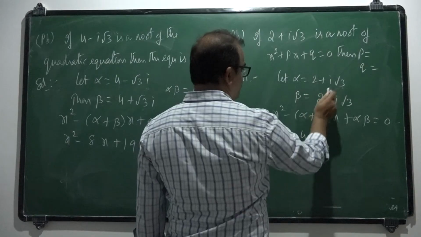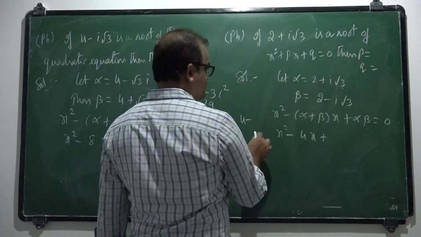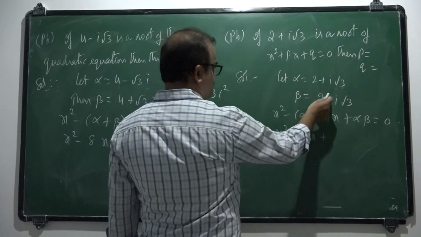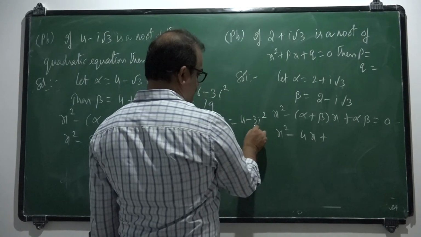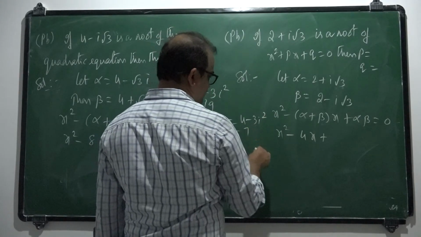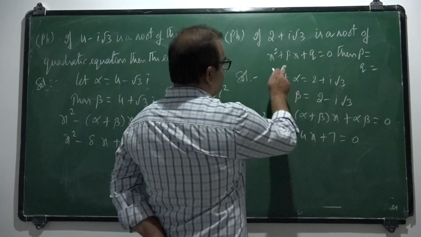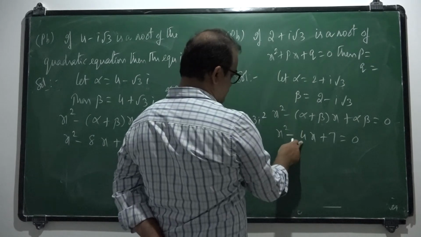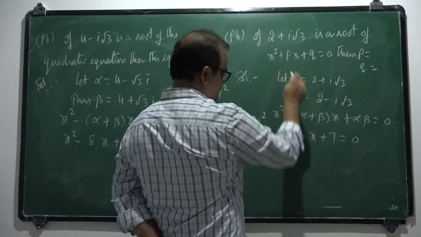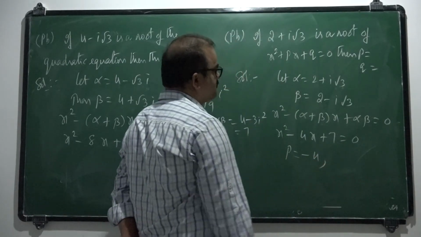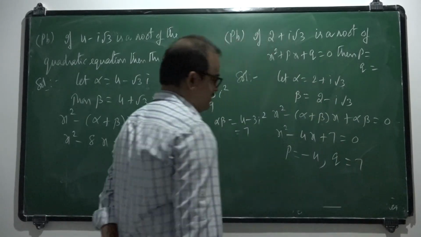It is in the form of a plus b into a minus b, a square minus b square. b square is 3 i square, i square is minus 1, so 4 plus 3, 7. Plus 7 is equal to 0. Now compare this equation with this equation. Then what is p value? p is the coefficient of x, p is minus 4, q is the constant term, q is 7.